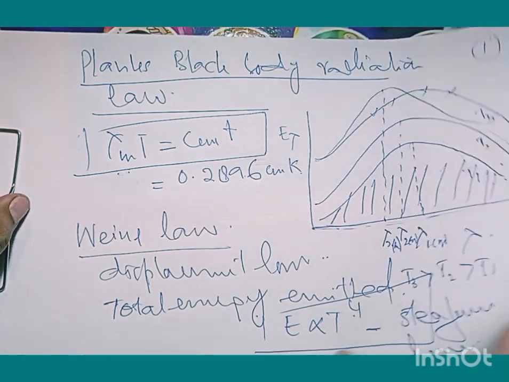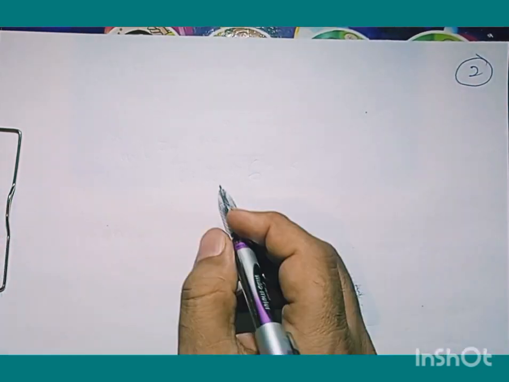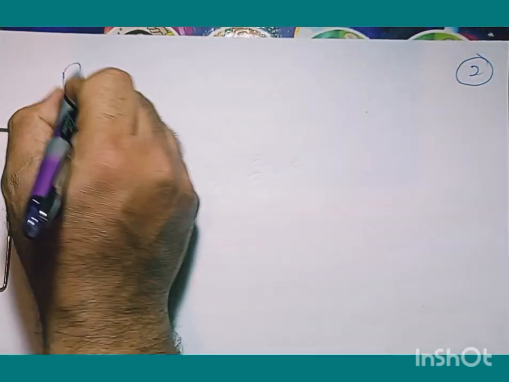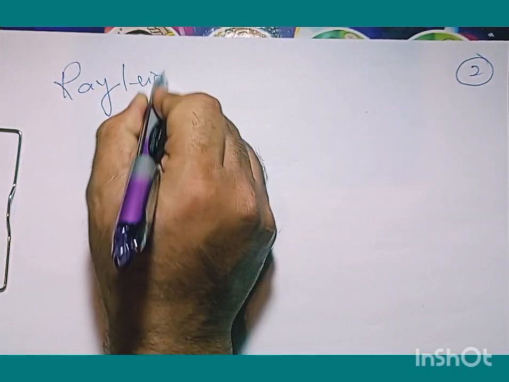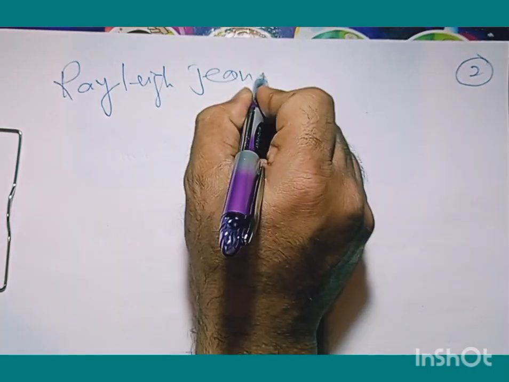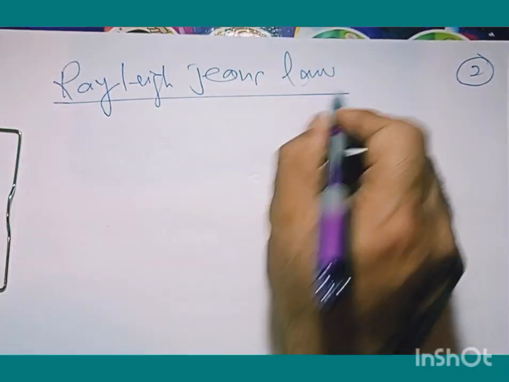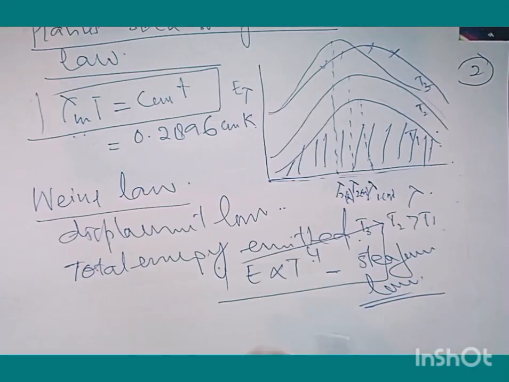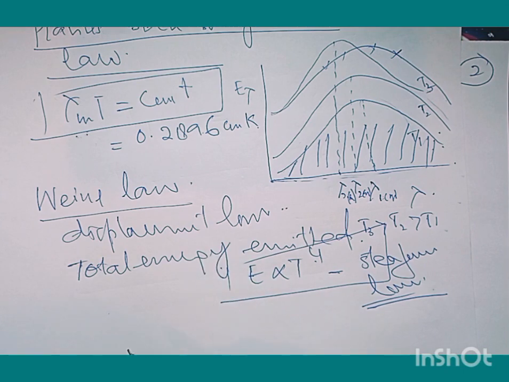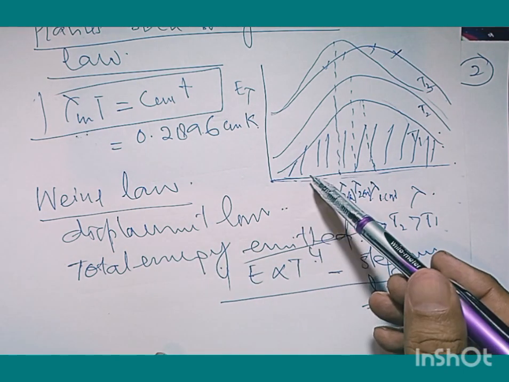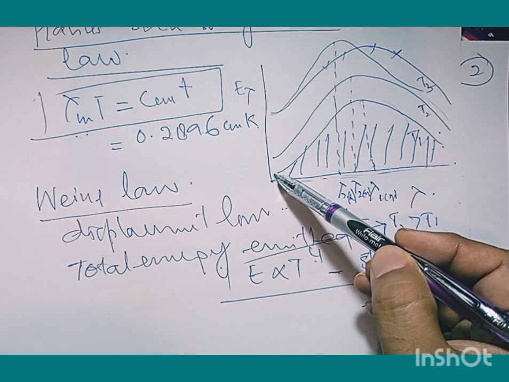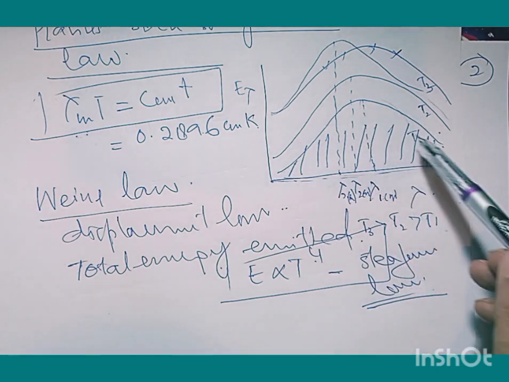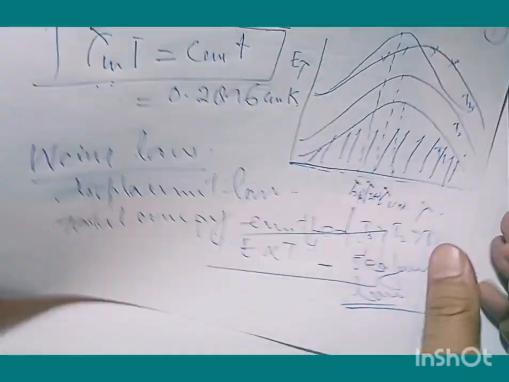Moving on from here, we have Rayleigh-Jeans law. They tried to use the classical theory of physics to explain this spectrum, this range of energies that are emitted by a black body.